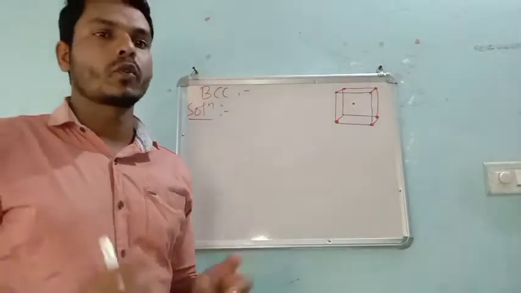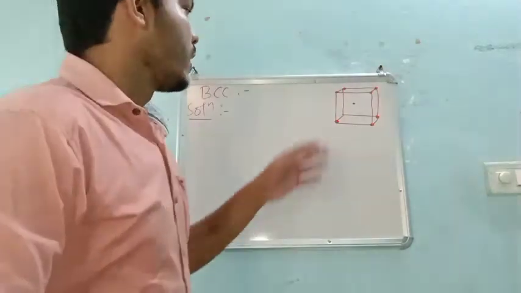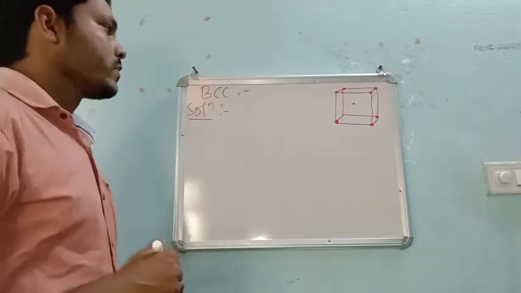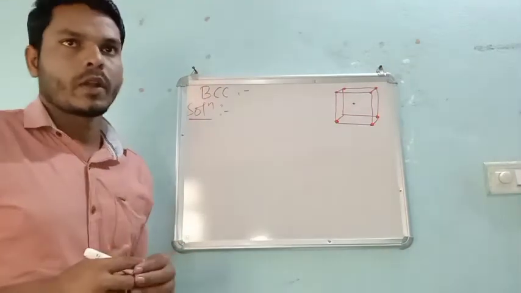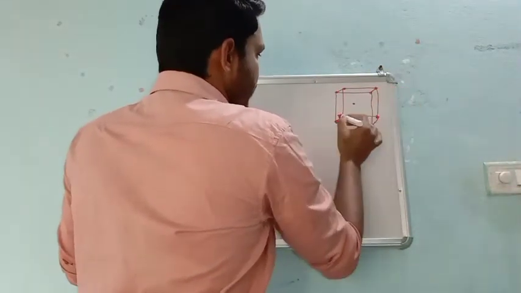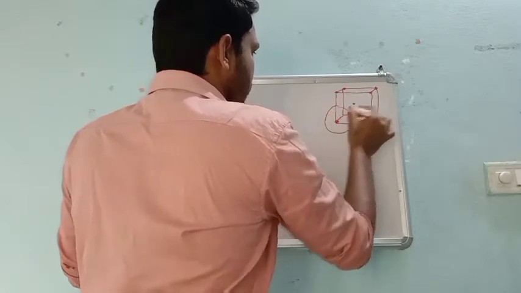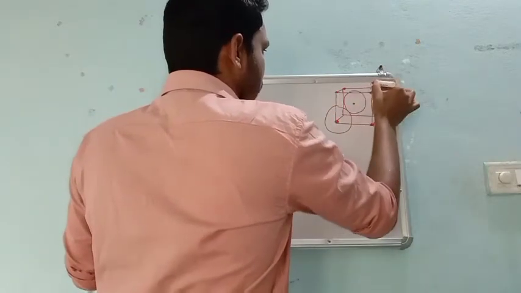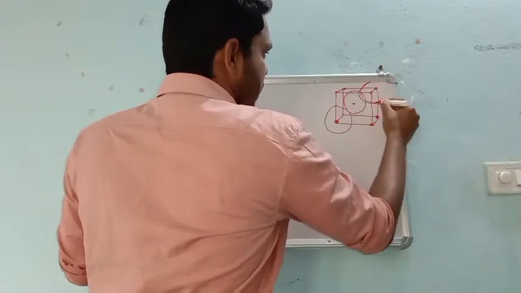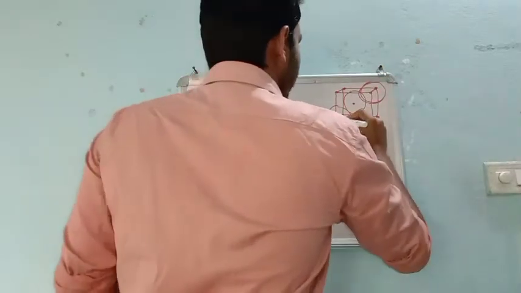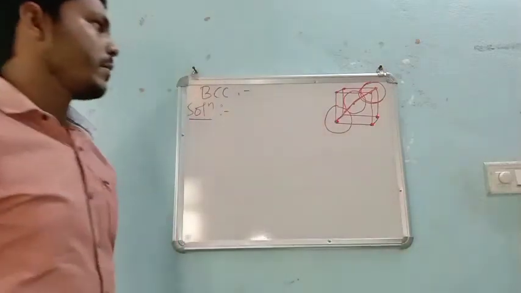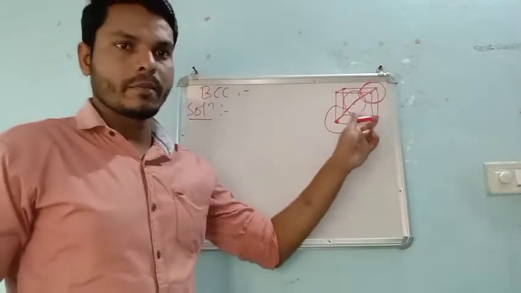Because here two triangles will be created, according to the Pythagoras theorem. There is an imaginary line over here. It will not be so clear, but you can imagine.